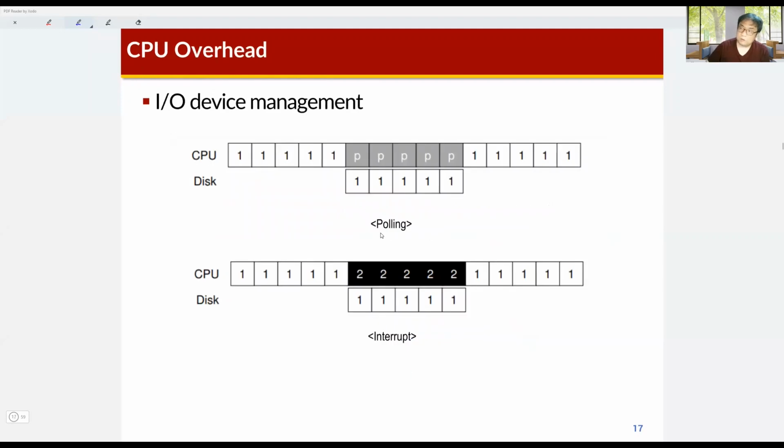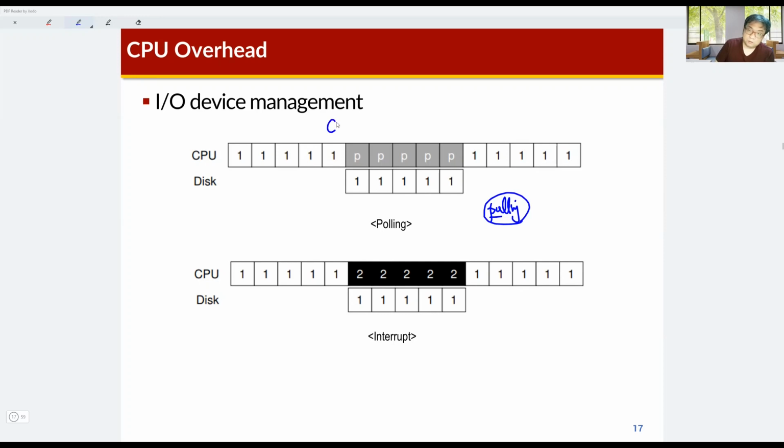And then when the CPU controls the I/O device, we can use two different control methods, like the polling type method or the interrupt type method. I believe most students know about the polling and interrupt types. So what is polling?